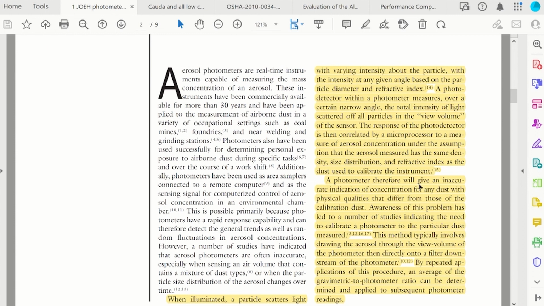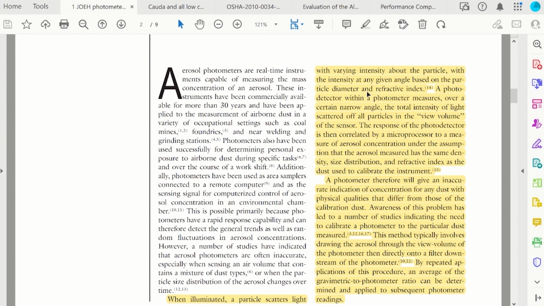And so the kind of natural knee-jerk reaction is, well, these photometers only measure dust. They can't tell you, you can't see your dust in particular. They count any dust, and that's absolutely true. The photometer will give an inaccurate indication of concentration for any dust with physical qualities that differ from those of the calibration dust.